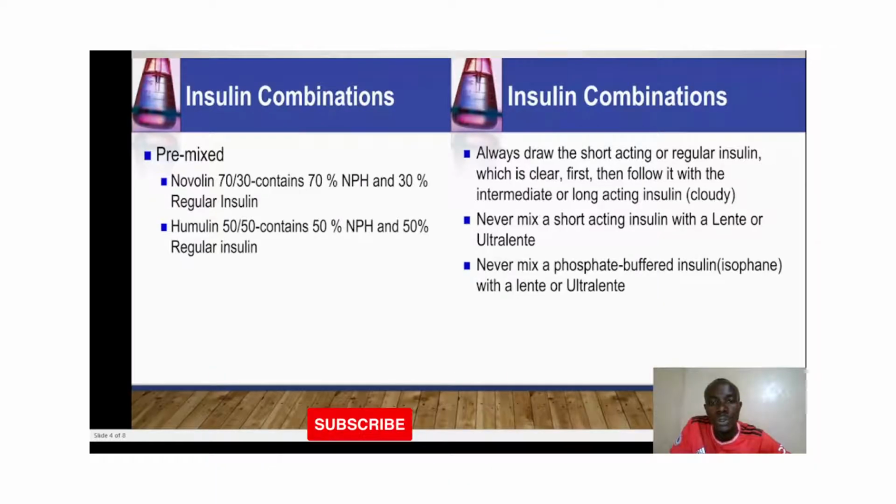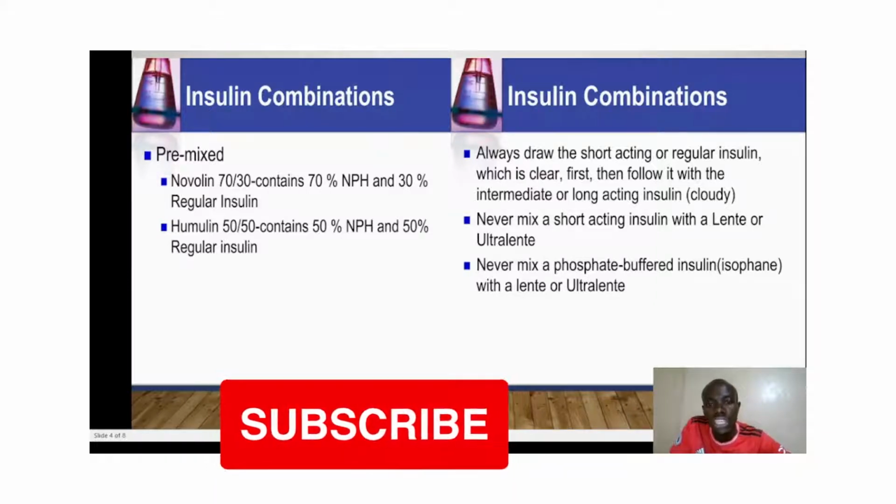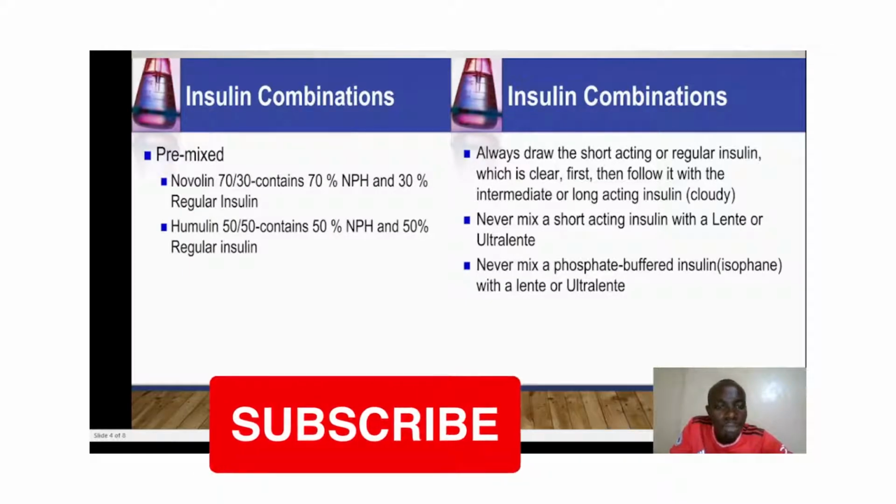Most common examples are 70-30 and 50-50. So 70 stands for the NPH insulin and 30 is for the regular insulin, or 50-50, 50 for NPH and 50 for regular insulin.